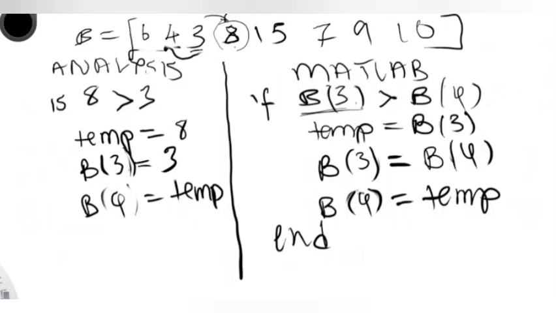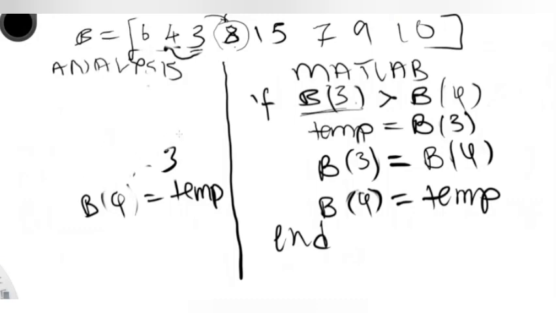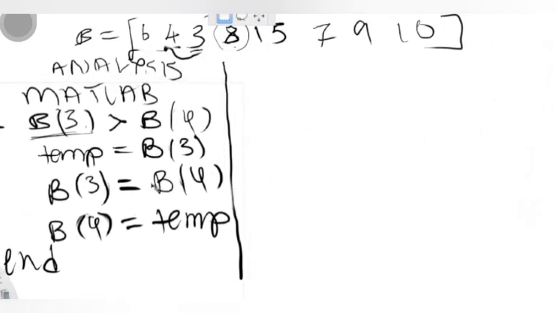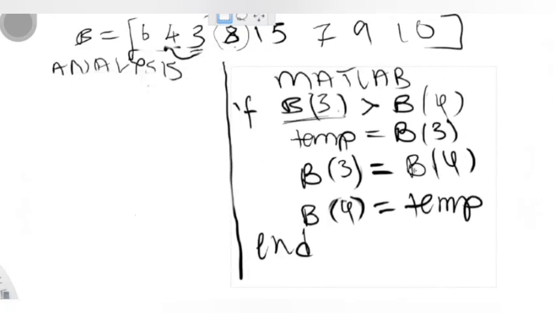Since you already have the logic, you know what's happening. What you're going to do is, let me just grab off the analysis side and maybe copy this, bring it here. Let me just leave it this side.